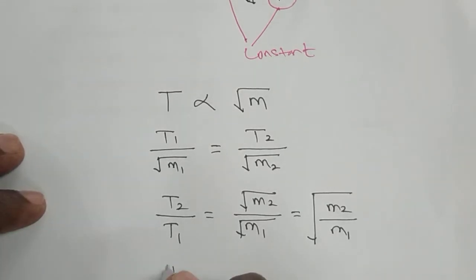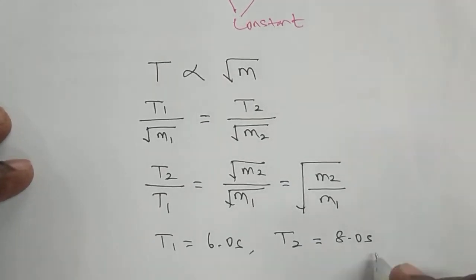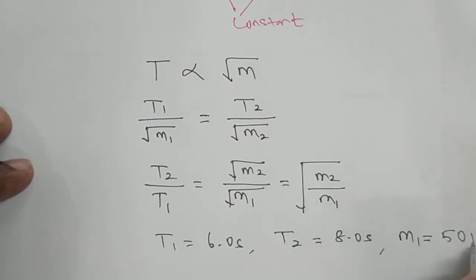Given T1 equals 6.0 seconds, T2 equals 8.0 seconds, and mass 1 equals 50 kilogram.